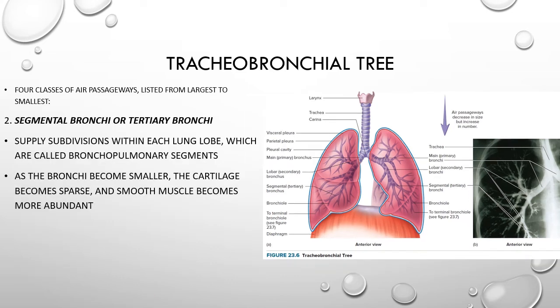The second one, after your lobar bronchi, they would further subdivide, no? Into what you call your segmental bronchi, and this is also known as your tertiary bronchi. They supply subdivisions within each lung lobe, which are called bronchopulmonary segments. As the bronchi become smaller, the cartilage becomes sparse and smooth muscle becomes more abundant. So dito na portion, paunti-unti na lang ang cartilage.